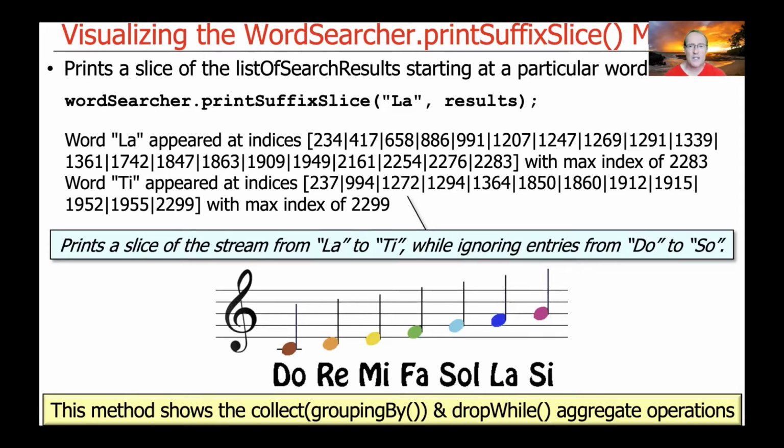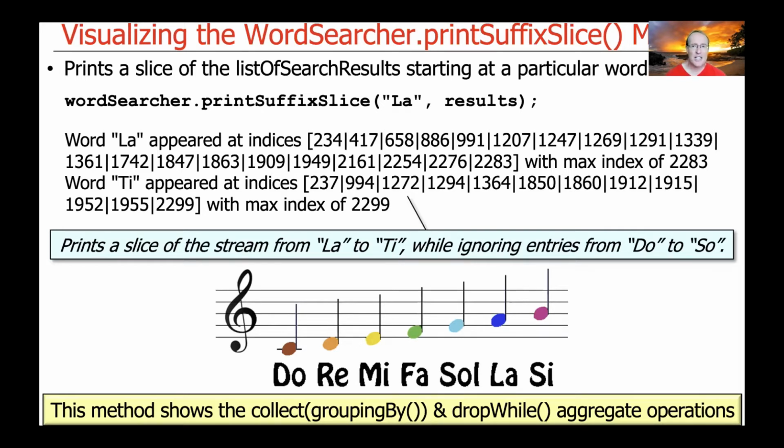So print suffix slice is going to take the list of results, which is the results for do, re, mi, fa, sol, la, ti, and so on. And then it's going to take a particular string that corresponds to the word that we want to print from to the end. So we're going to skip over everything up to this word, and once we find the location where that word appears, we're going to print that set of indices plus anything that comes after it.